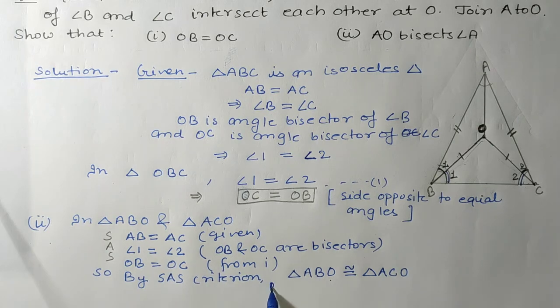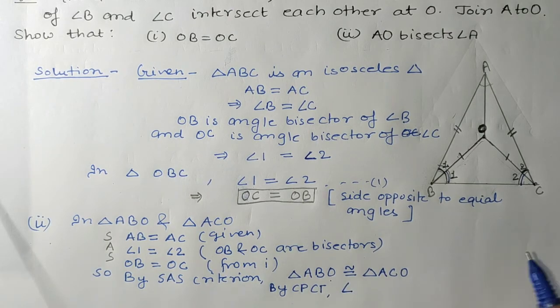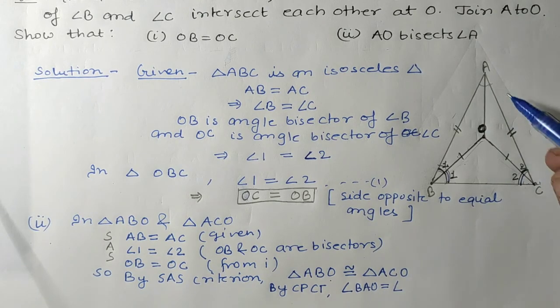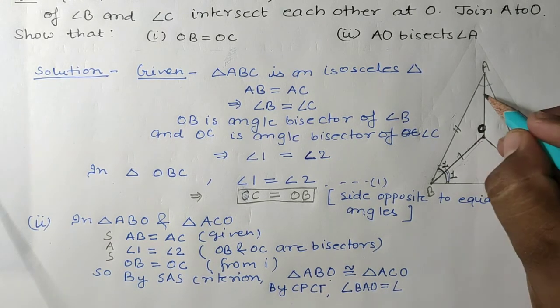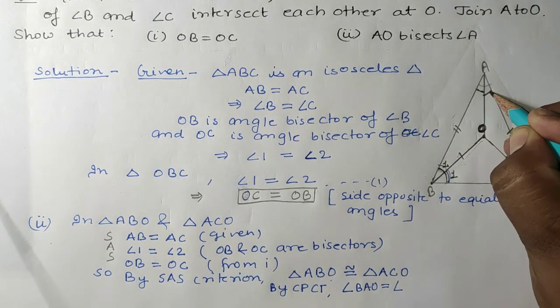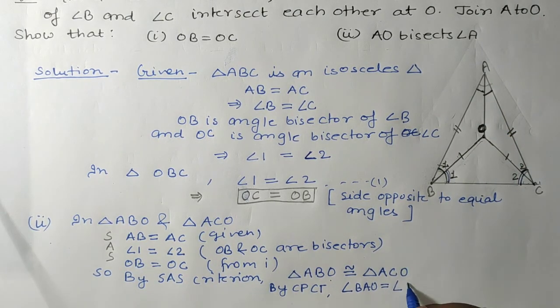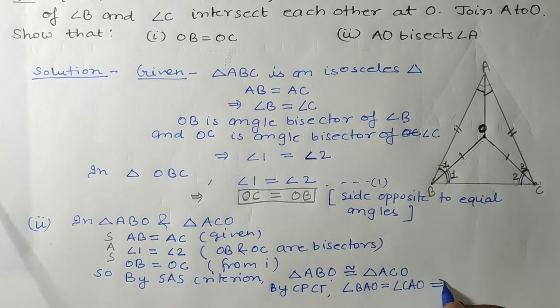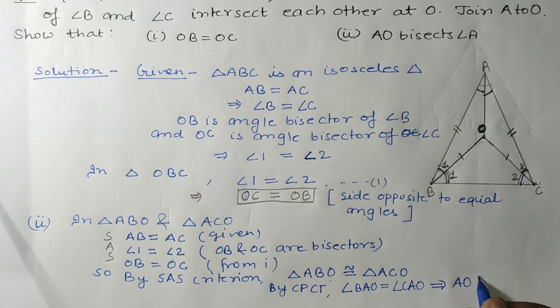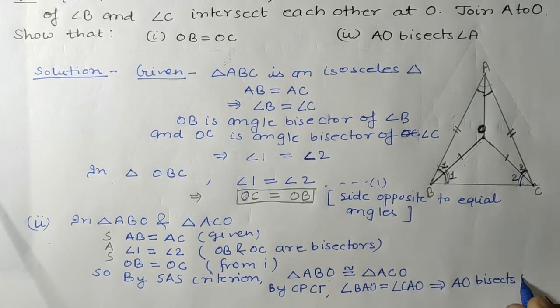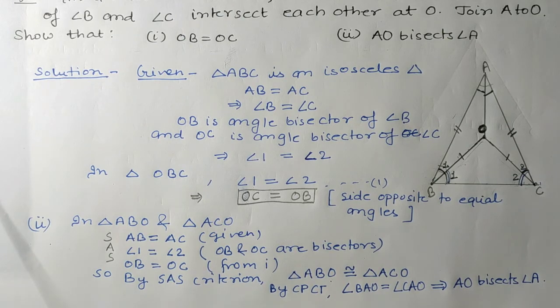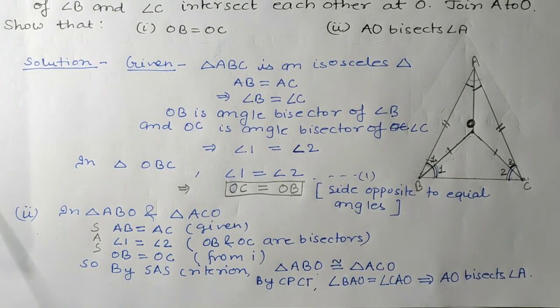Then this will imply that by CPCT, angle BAO is equal to angle CAO, means this angle is equal to this angle, CAO, and this will imply that AO bisects angle A. Okay, students, so this is the explanation of question number 1.